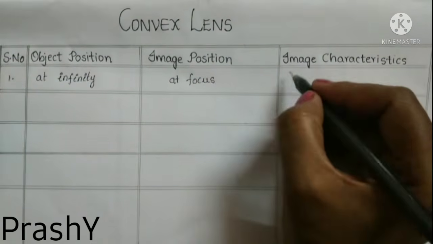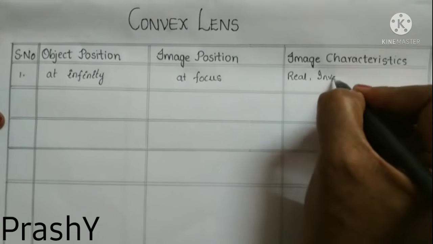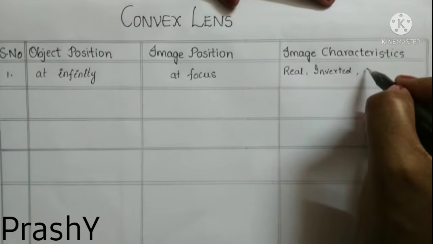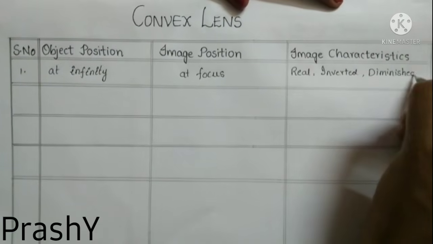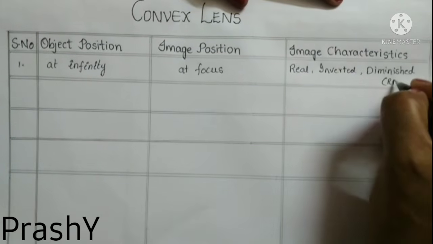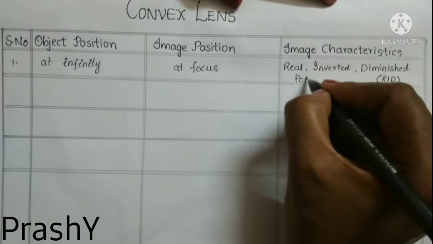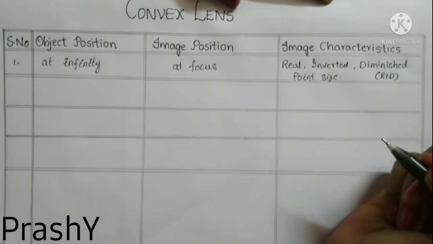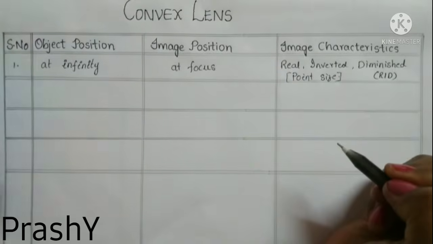And the image characteristics are real, inverted, and diminished. Real, inverted and diminished. In short we write it as RID. And it is a point size image. Diminished means smaller than the object, so a point size image will form at focus.